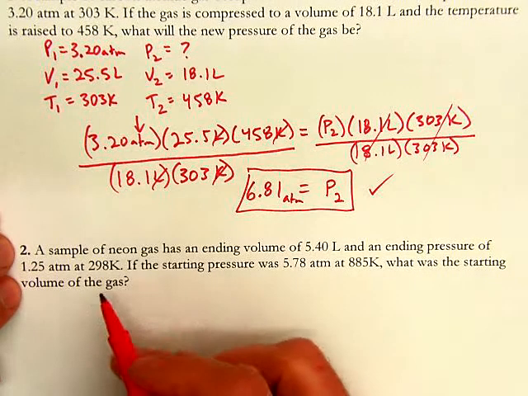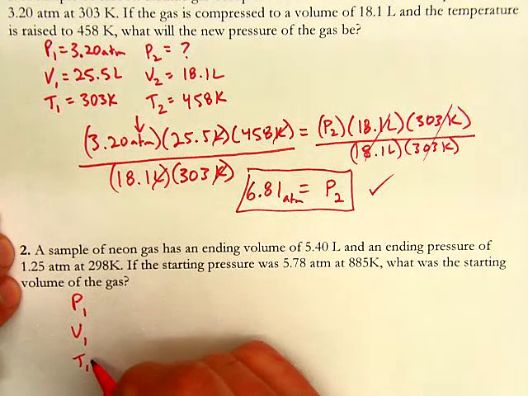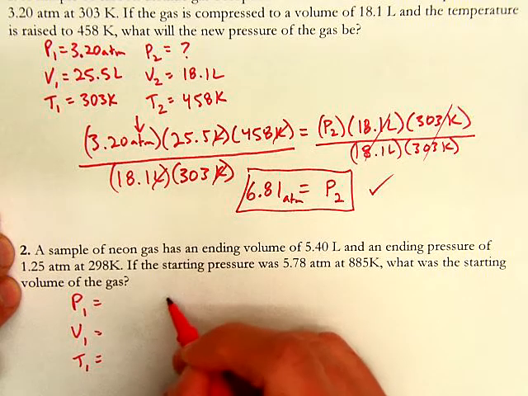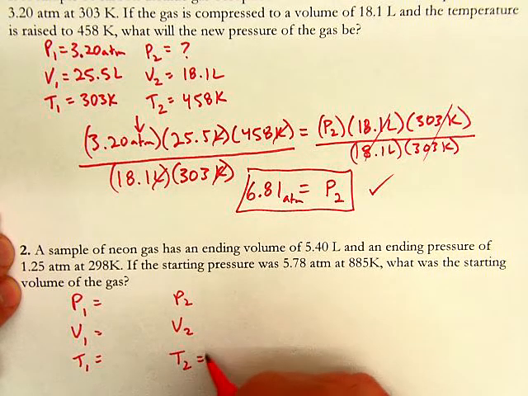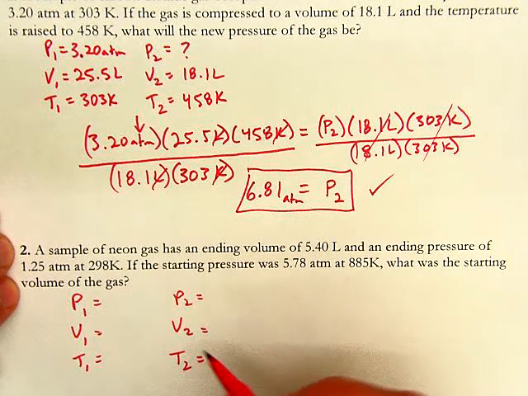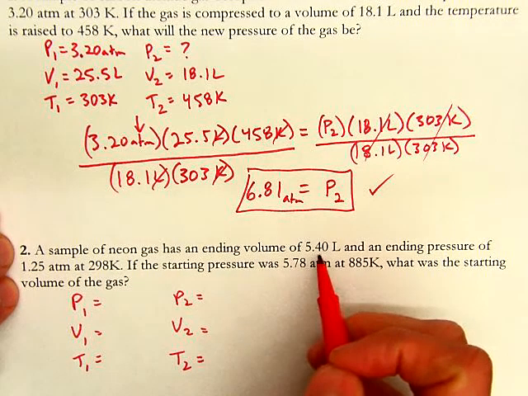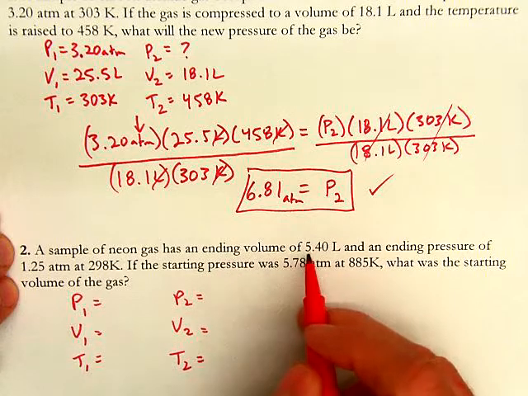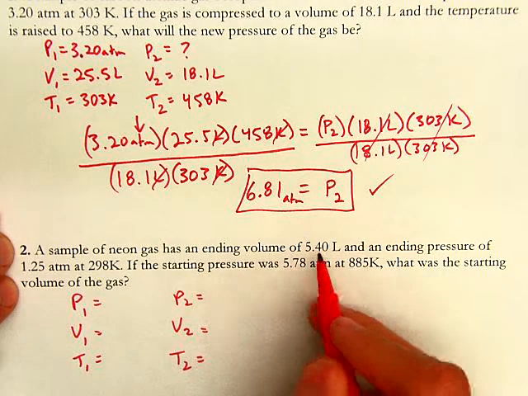The last question, same sort of setup here, P1, V1, T1, P2, V2, T2. It says, a sample of neon gas has an ending volume of, okay, so it's important to read the problem because just because this number is listed early doesn't mean it's the first volume, it's the ending volume.